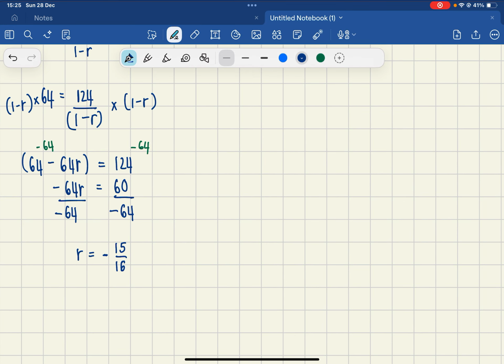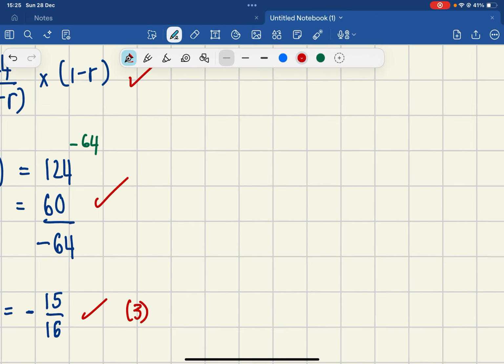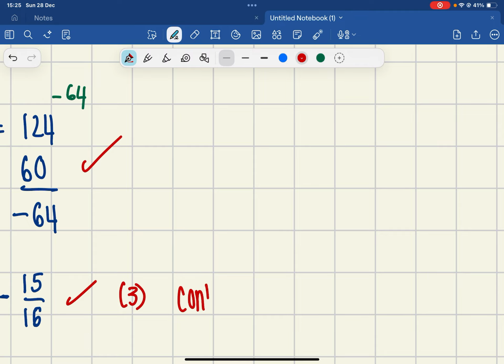Now, does this make sense? Yes. Why does this make sense? Because remember, let me just show you the mark allocation. You'd get a mark for solving, a mark for getting to r. So it's a good 3 marks, a 3-mark question. But now, why does my answer make sense? Why am I so confident in my answer?